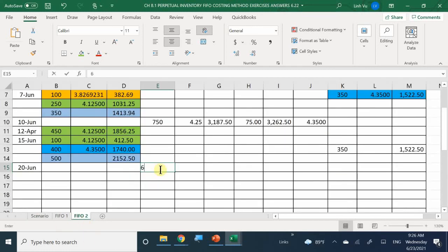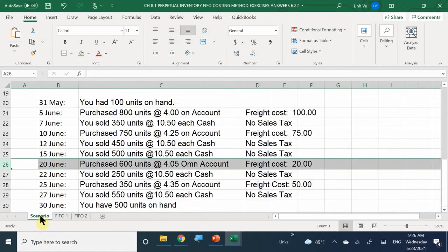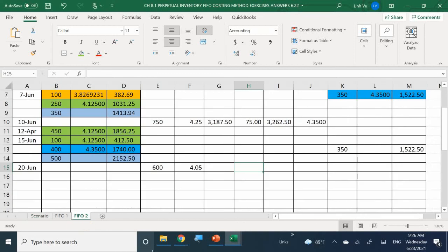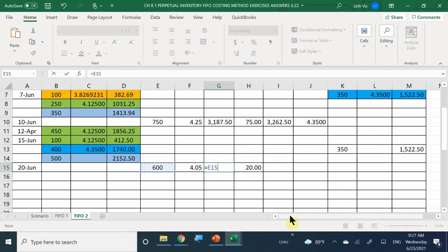So I'm going to go into my purchases section. 600 units at 405 with the freight costing $20, I believe. Yes, $20. Okay. So here, what is my total purchase price? Over $2,430. Okay. Plus $20, $2,450.